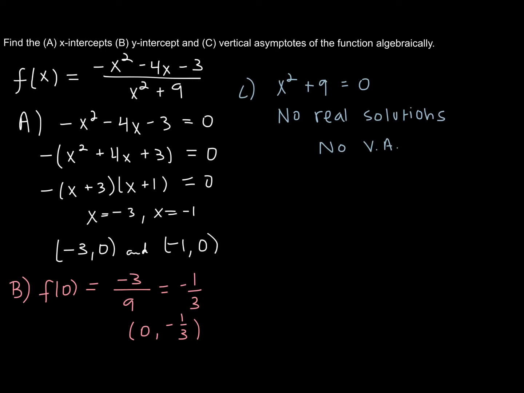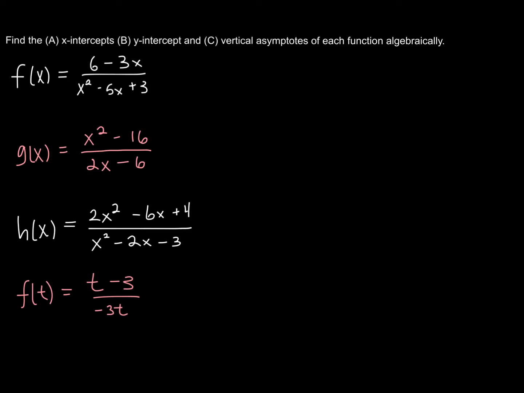Let's go ahead and get some practice with finding these 3 components. What I'd like you to do is go ahead and copy each of these down and find the x-intercepts, y-intercept, and vertical asymptotes of each of these functions. And if you want a little extra practice, once you've found those, you might just sketch a little XY coordinate plane and mark down the information that you know and think about how you might examine what's happening as you approach those asymptotes, right?